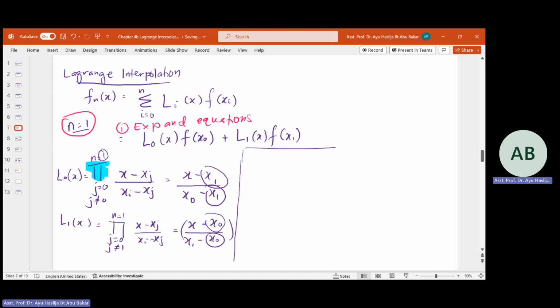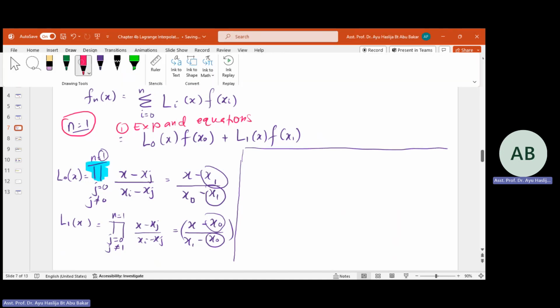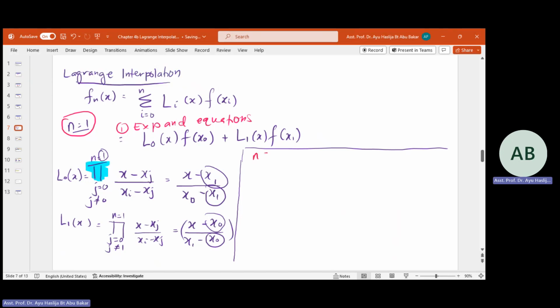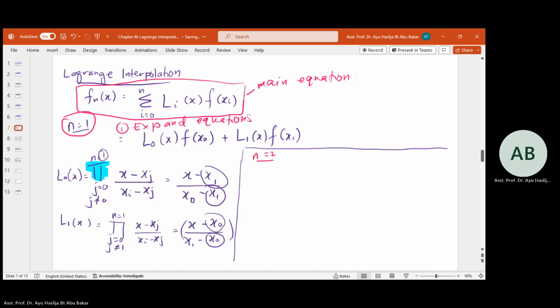Okay, let's say you have n equals 2. We continue the one that we did just now. The main function of Lagrange is this. This is the main equation. Next, n equals 2.